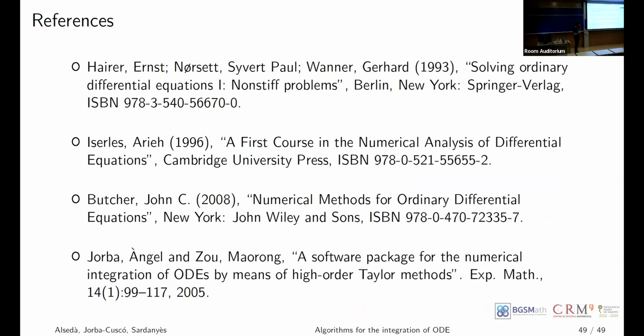Just let me show you some references. These are three classic books of methods for ODEs. These two, the Norsett, Hairer, and the Serles, are kind of a thought for mathematically trained people.